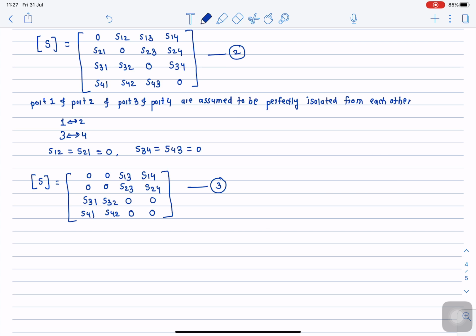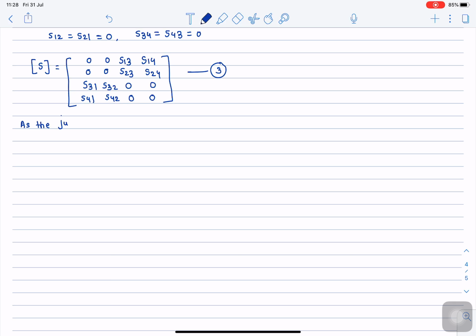Now the next step is, as the junction is ideal and it is reciprocal, therefore the matrix is symmetrical. So for the symmetry property, what can we write?